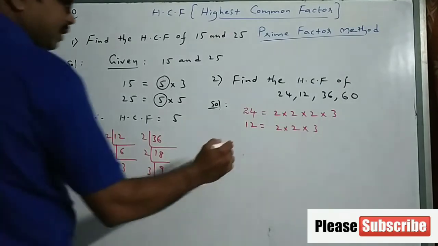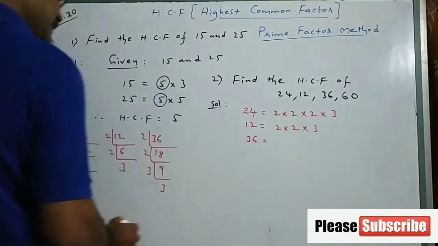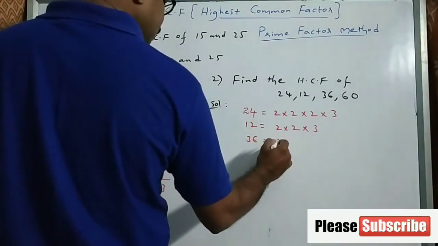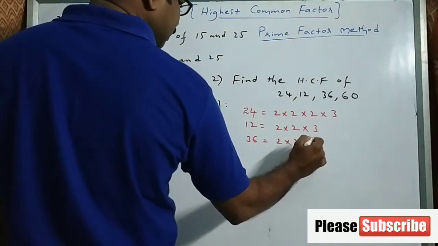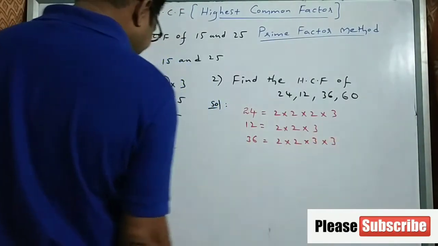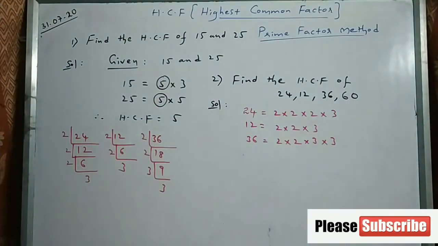Right? So 36 can be written as 2 into 2 into 3 into 3. 2 2s are 4, 4 3s are 12, 12 3s are 36.